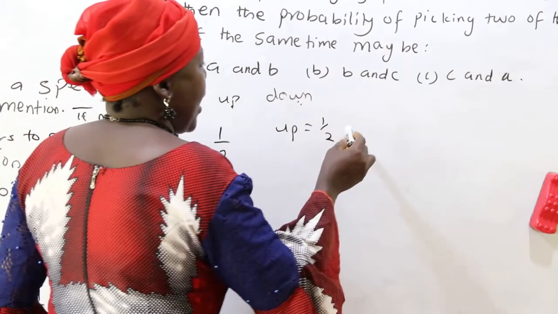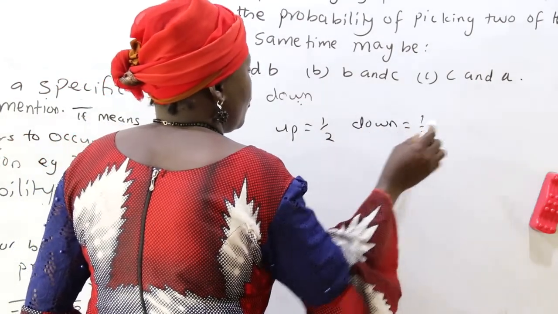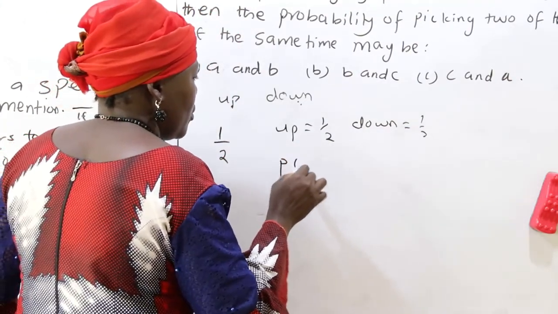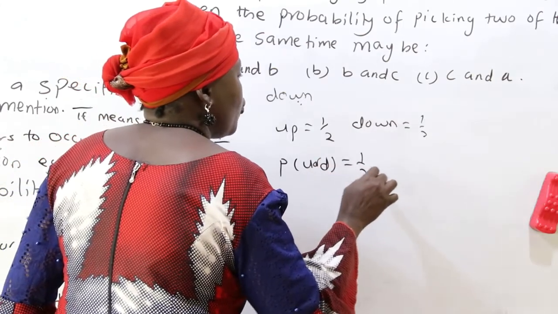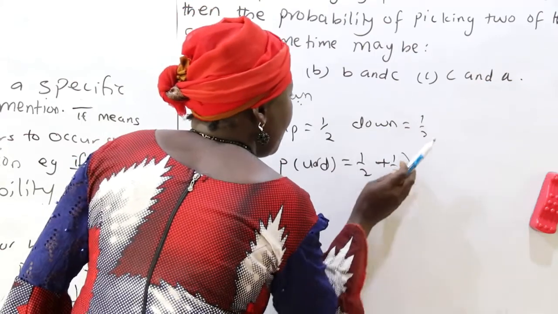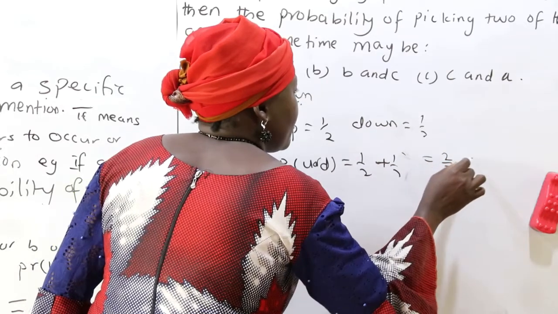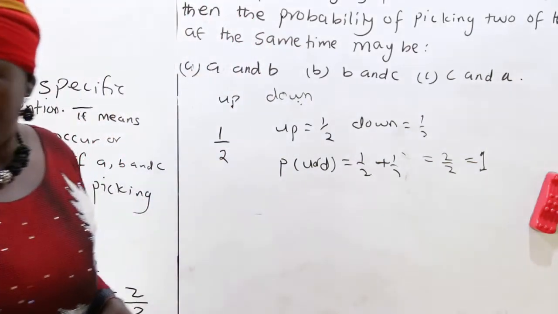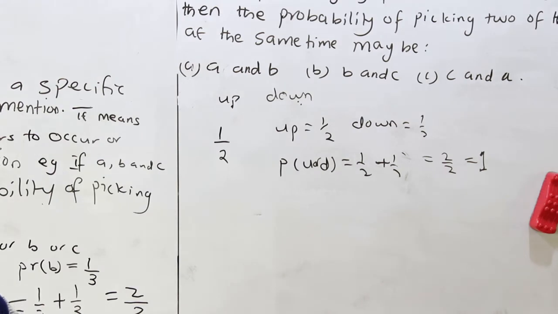Okay? And then my down is also equal to 1/2. So the probability of up or down will be 1/2 plus 1/2. Okay? So if you add this one, you still have what? 2/2, which will give you your 1 whole number. And many other things like that, you continue with them in that order.